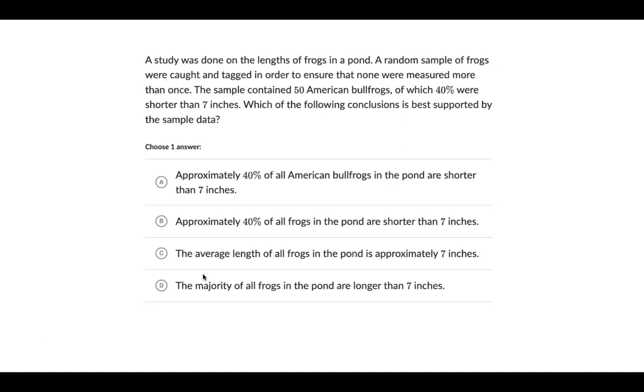Again, just put your answer in the chat after you get it. And if you don't, just say you don't get it.